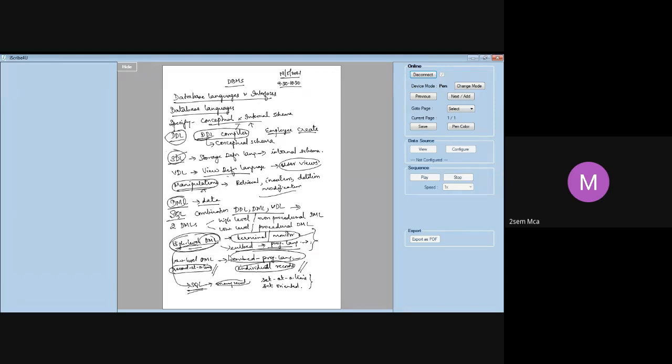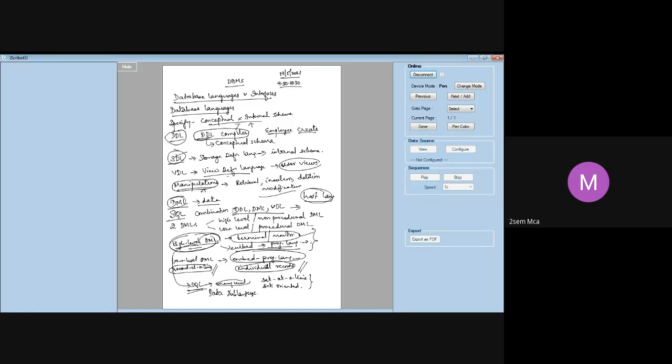All right. Now, whenever you embed the DML statements into a programming language, whether it is a low-level DML or a high-level DML, that language into which you are trying to embed, you call that a host language. That means, suppose I am embedding a DML statement into a C program. So that C program becomes your host language. In that case, your DML is called a data sublanguage.